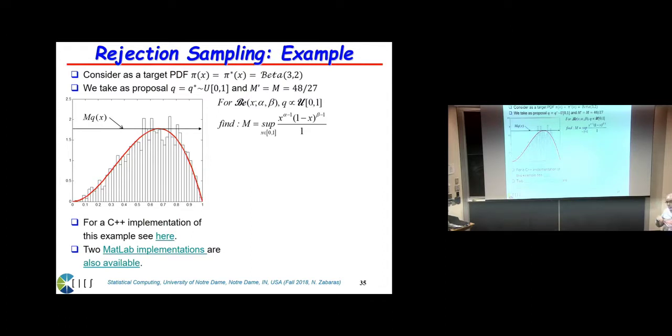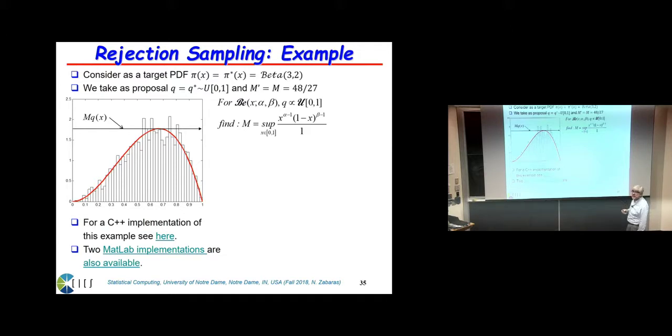And because I want m times Q to be on the top of pi, you remember it has to be as close as possible to the distribution pi, because if m is very large, the acceptance ratio will be very low. I mean, you can take it to infinity and say, I'm going to do business, but it's not going to work because all the samples will be rejected.